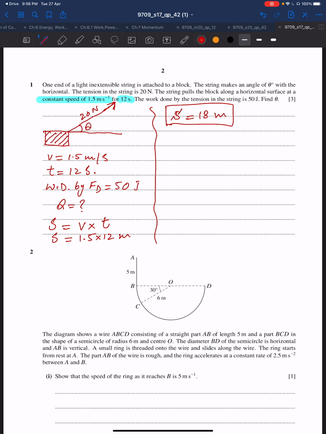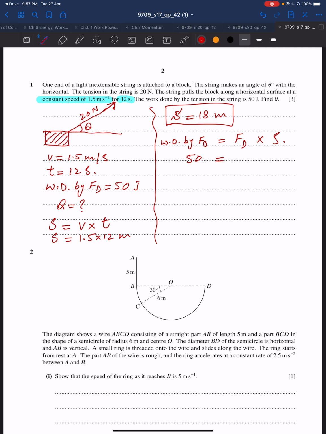You know that the work done by the driving force is equal to driving force into distance, and this is 50 joules. And what is the driving force?